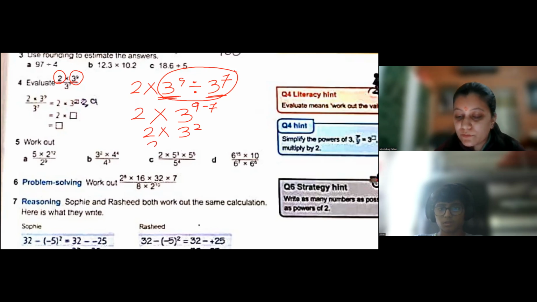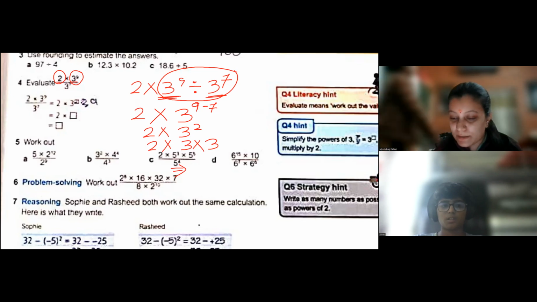Now 2 multiplied by 3 squared is how much? 3 into 3. What answer will we get? We'll just multiply. We'll find the product. 2 multiplied by 3 multiplied by 3. 2 into 3, 6. 6 into 3, 18. That's correct.